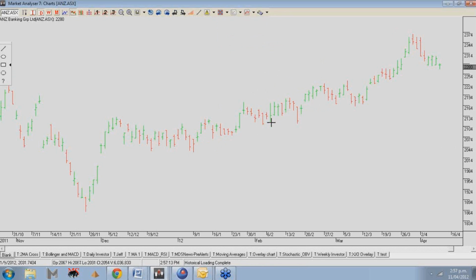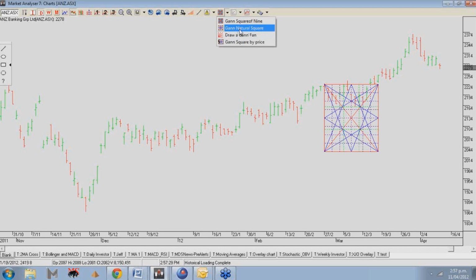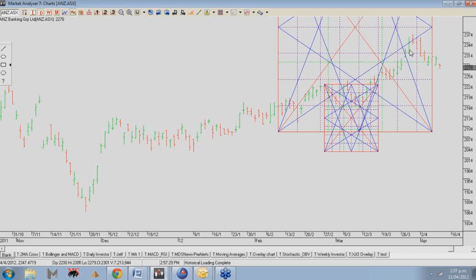GAN square by price, and it will draw the GAN square there. And the natural square also.